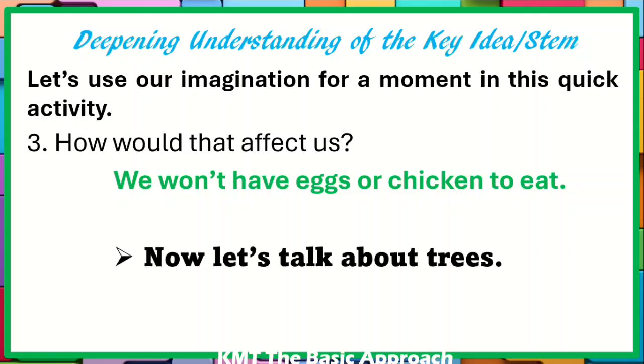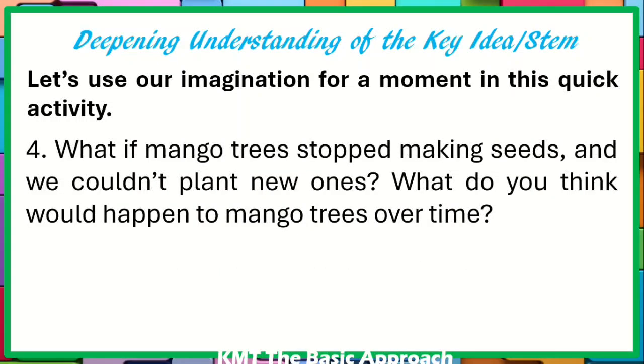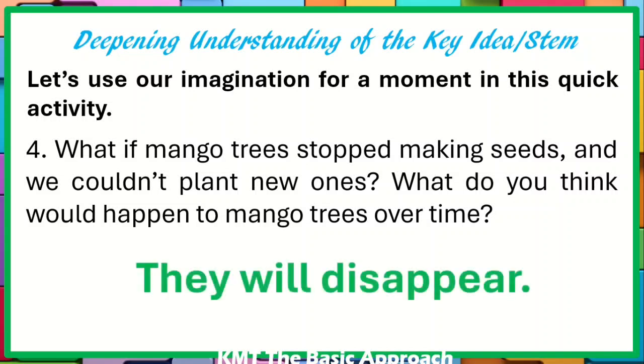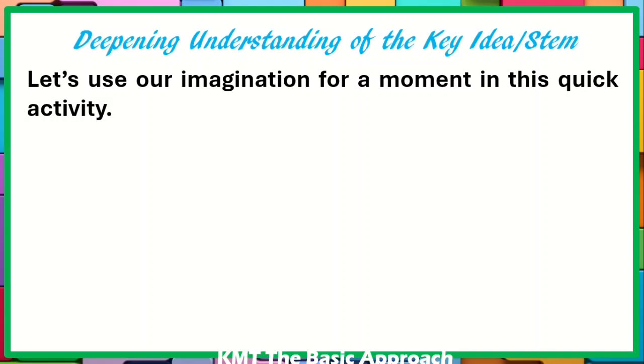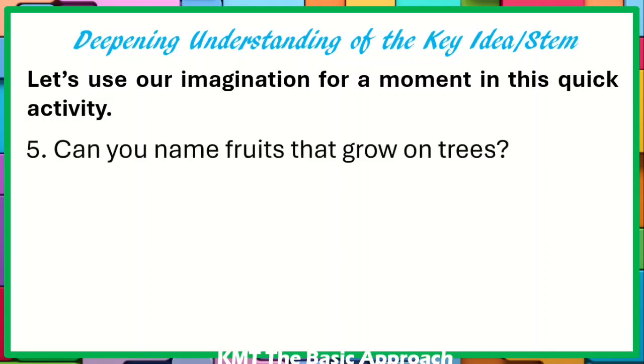Now, let's talk about trees. Number 4. What if mango trees stop making seeds and we could not plant new ones? What do you think would happen to mango trees over time? Good job! They will disappear. Number 5.